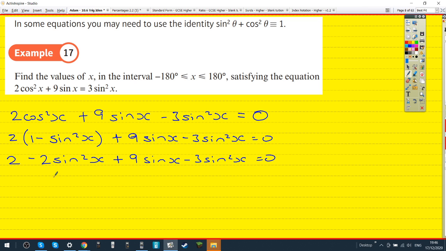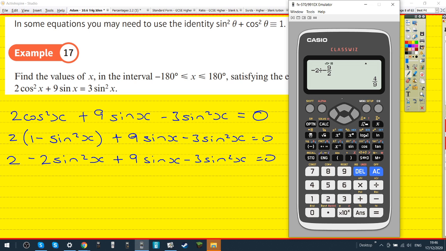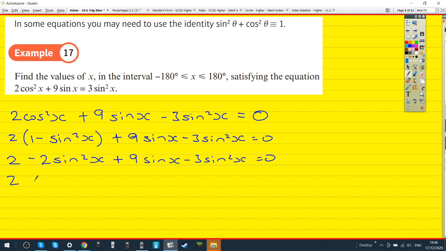Minus 5 sine squared x. Yep. Wouldn't it be 2 minus minus 5, or would it just be 2 minus 5? Just minus, because the minus is on that.